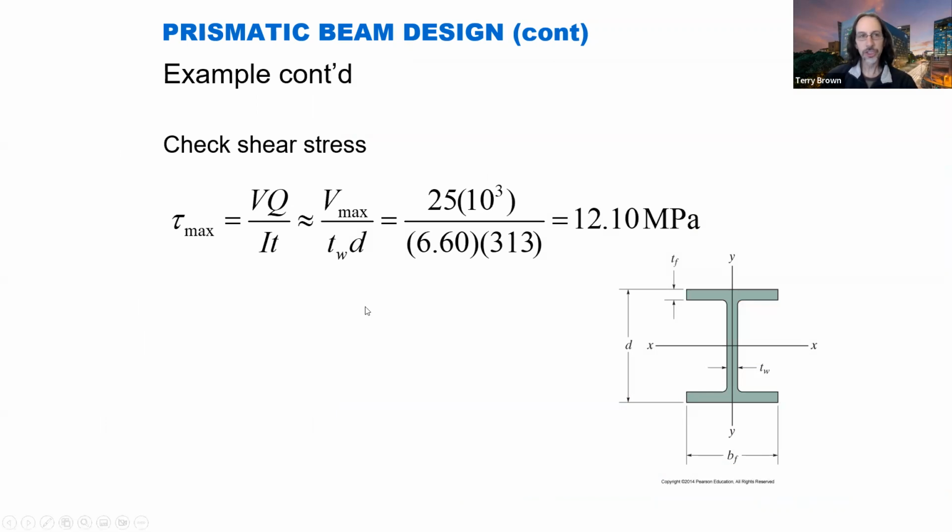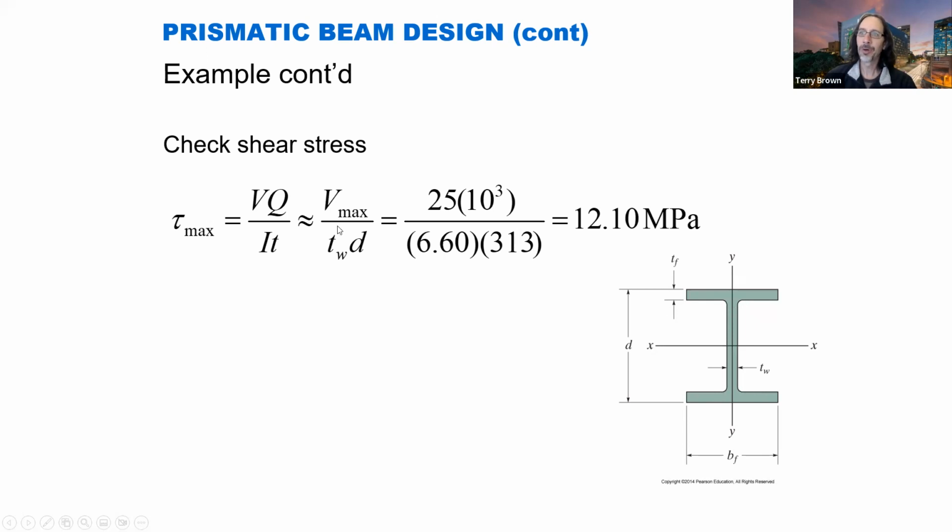All right, so now let's check the shear stress. So the maximum shear stress, VQ upon IT. Our maximum shear force was 25 by 10 to the 3. And notice we've made use of an approximation here. So in simple beam design, for an I-shape, an I cross-section beam like this, most of the shear is carried through the web.